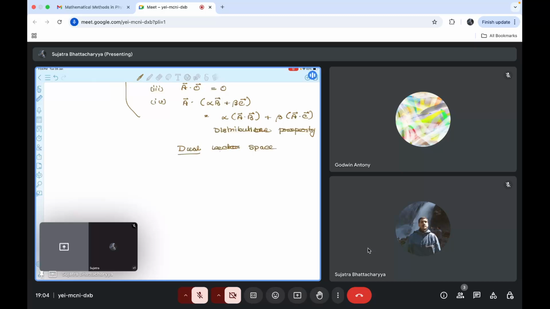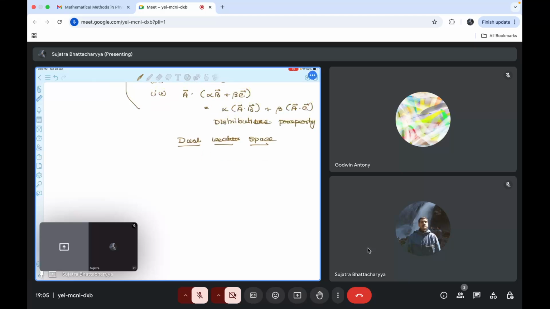Okay, so this is the concept of dual vector space. Now you have x. Suppose x, y, and so on, there are many actual vectors.